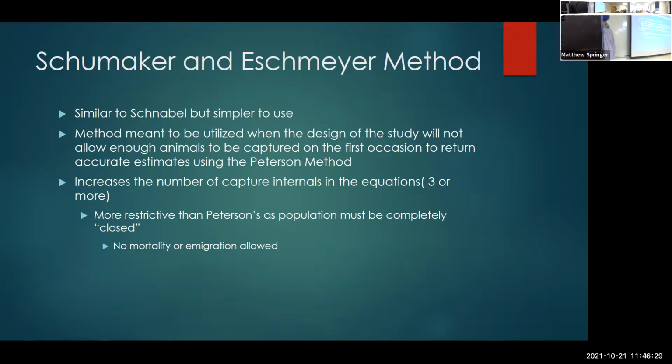It is still holding the assumption, and this is where it gets harder to keep that assumption, that the population is closed. So we're more likely to violate that, almost guaranteed in certain situations. Does that mean we throw the entire method out the window if we do violate it?